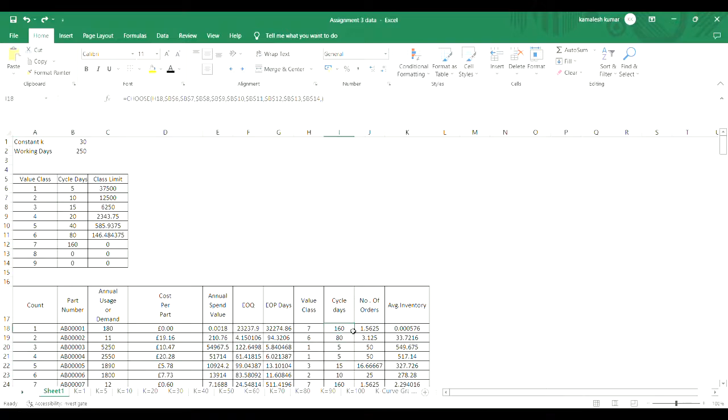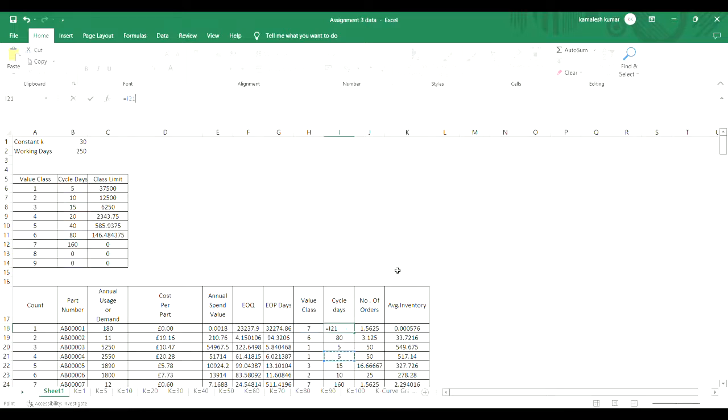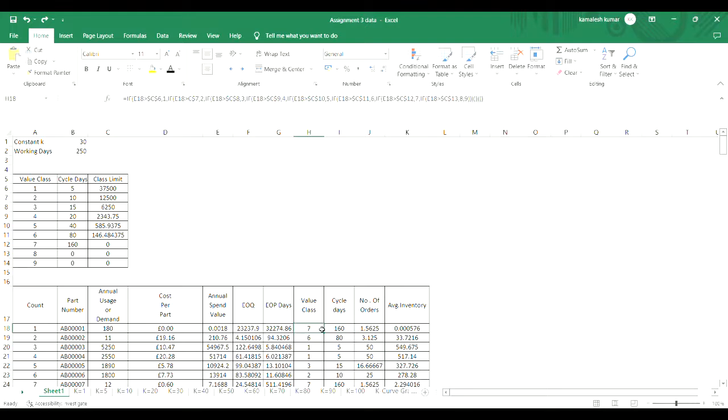Next one is cycle days. This is the formula for cycle days. It determines after how many days you have to place an order for a particular class of items. So if you see here, for class number 7, you have to place an order after each 160 days.